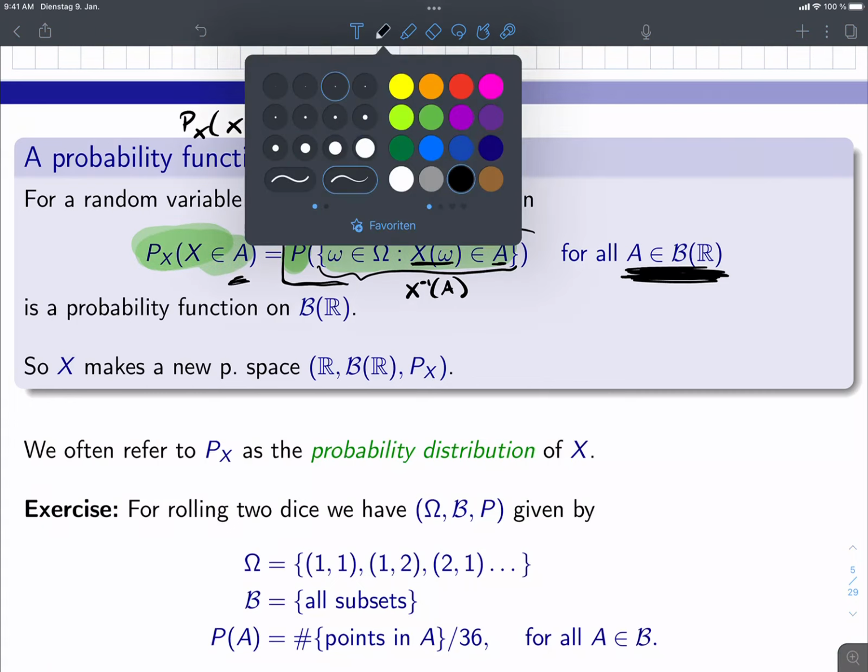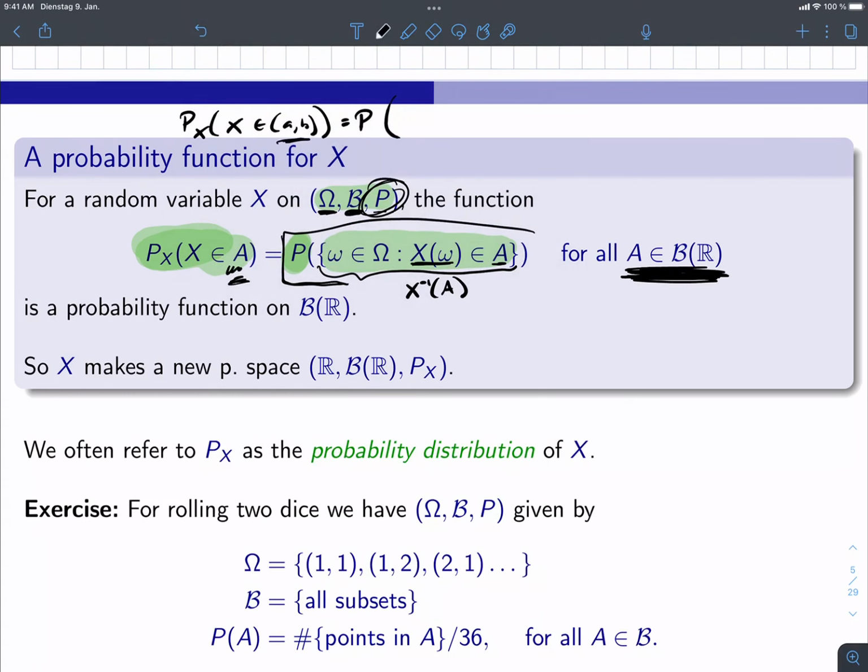So if this A is like the interval a to b, I would say the probability that x is in the interval a to b is the probability that we get an outcome such that x computed on that outcome is in the interval a to b.